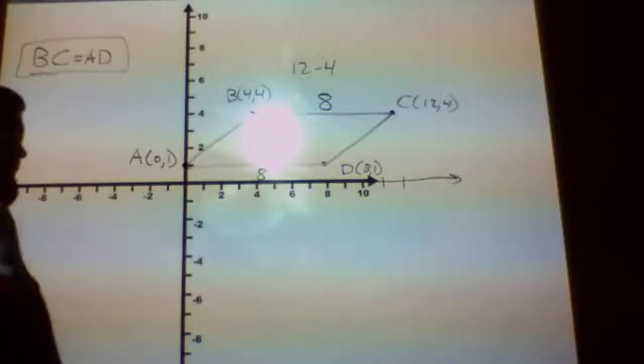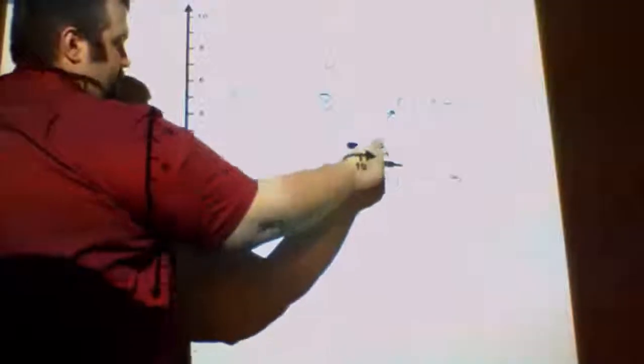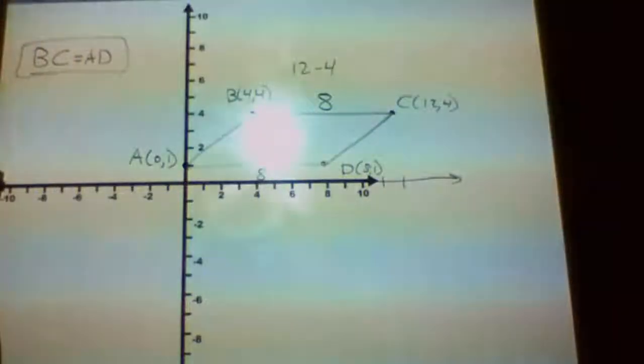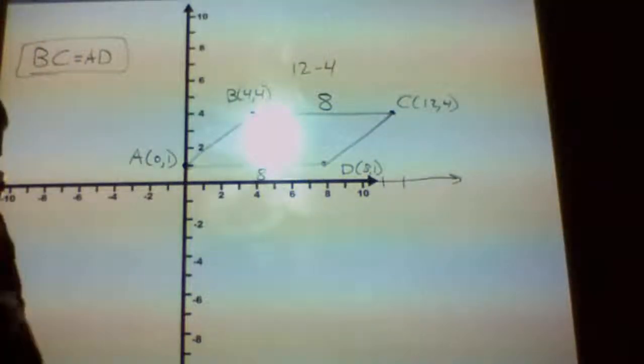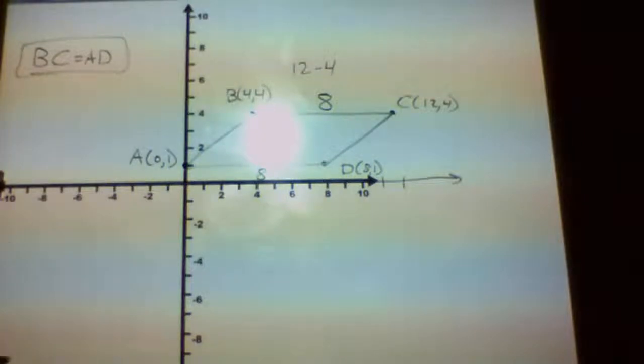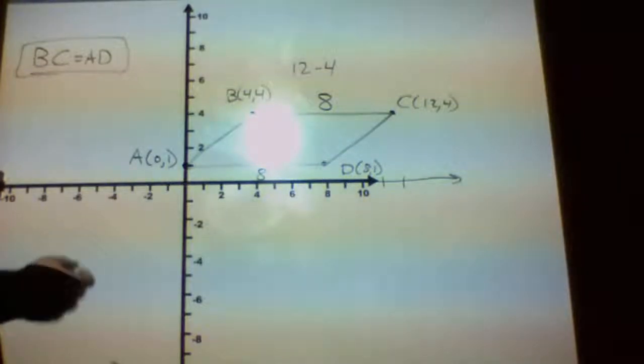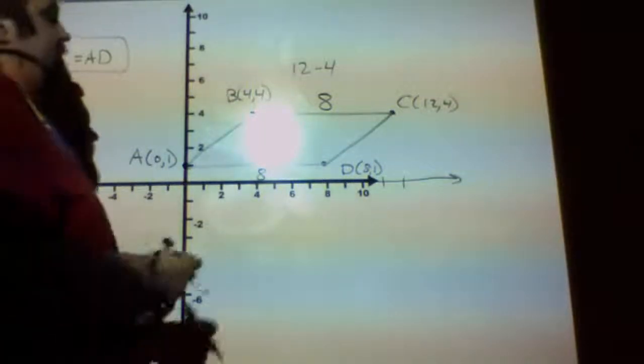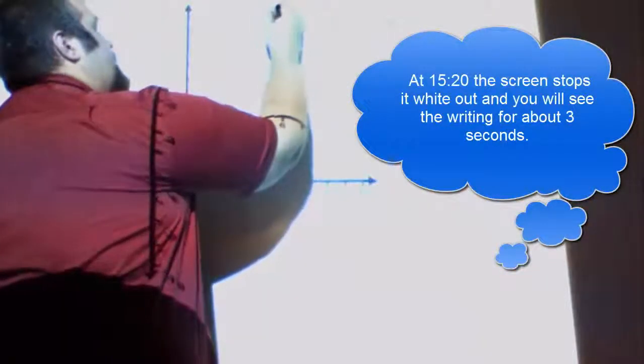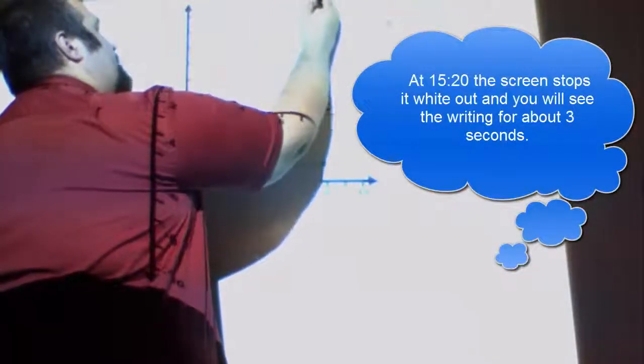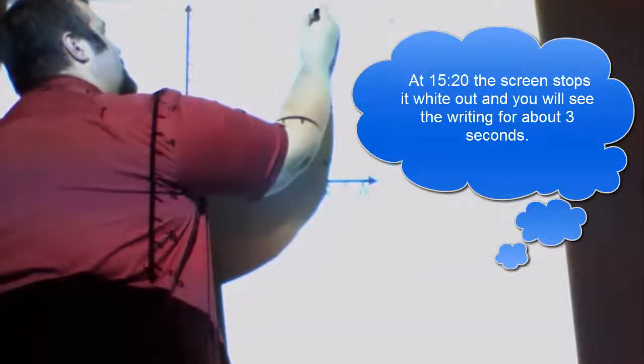Now, I have an option. Seeing I've shown that these lengths are equal, I could do the same thing here with the distance formula. But there's quite a bit of room to mess up that distance formula. So what I would probably rather do is show that the slopes are the same. The slope formula, if I remember correctly, is y2 minus y1 over x2 minus x1.